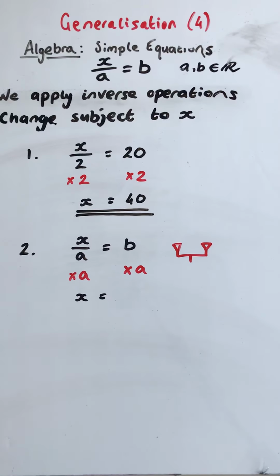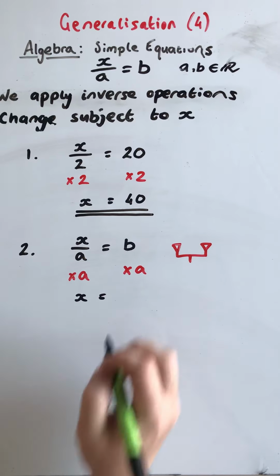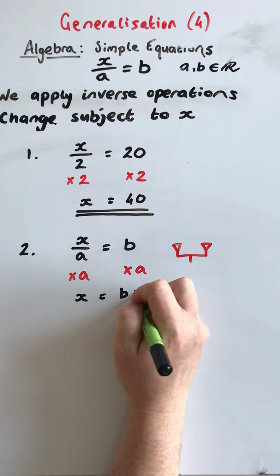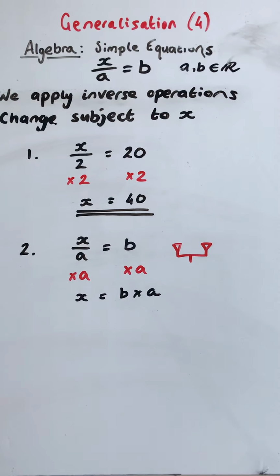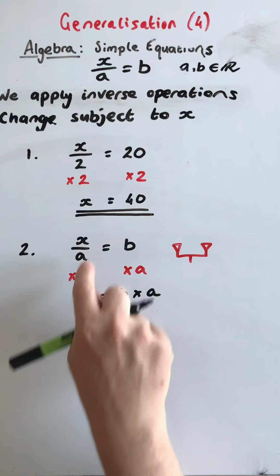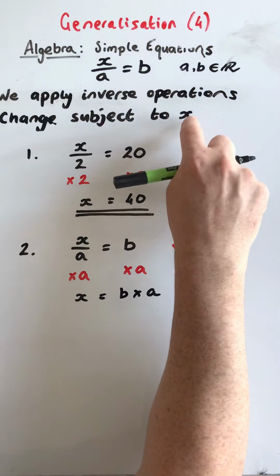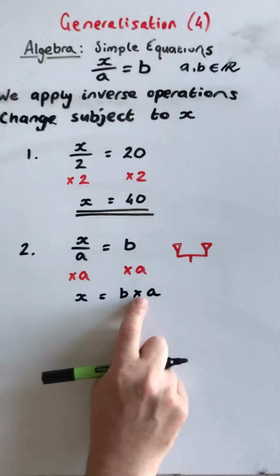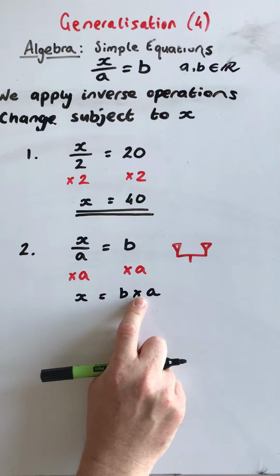Well, let's have a wee chat about that. So possible scenarios: b times a. Do we like writing that times? You'll notice the x's are always curly, and that could be misinterpreted as an x.